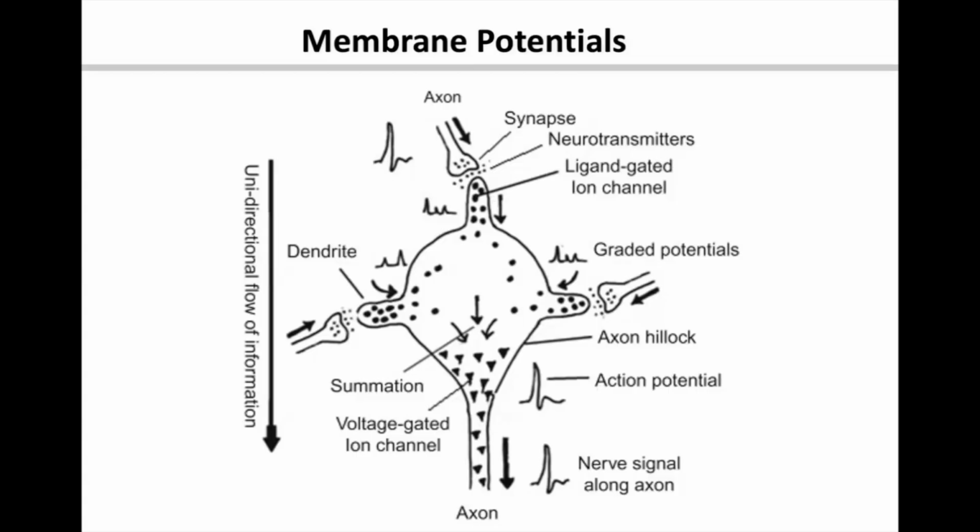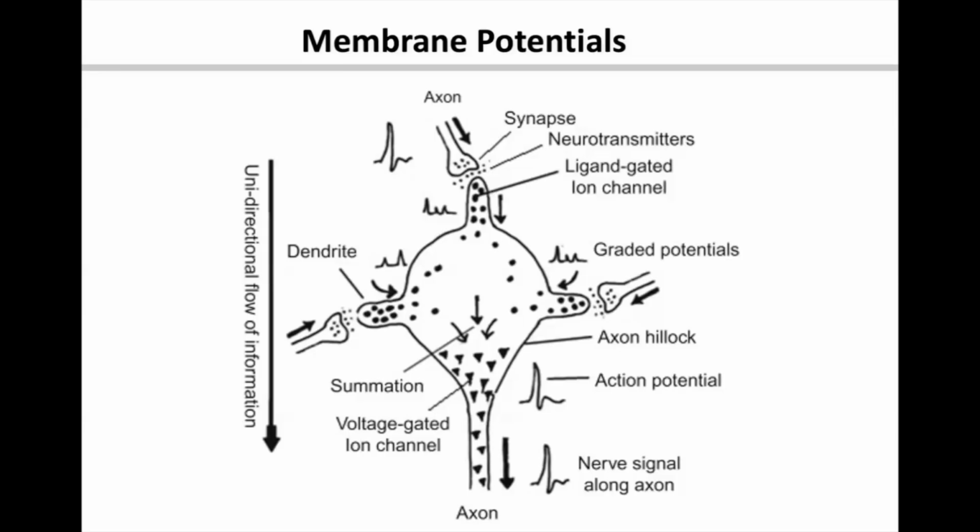Stimulation of a neuron causes a local disturbance in the membrane potential, and this difference is such that the membrane can become a little excited, but the movement of these ions does not take place over a long distance.